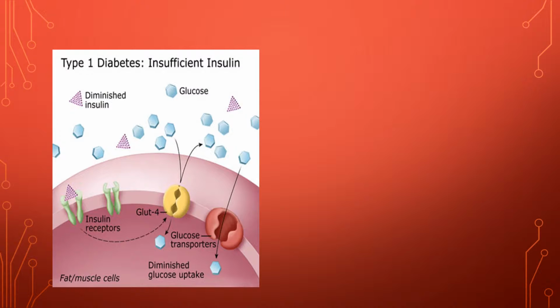Okay, so in the purple is a cell. Think of it as a muscle cell. And then outside of the cell, the little blue hexagons are glucose, sugar, and then the purple triangles is insulin. So when you consume food, it has some level of glucose in it.